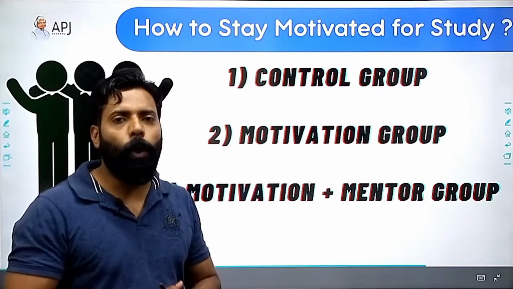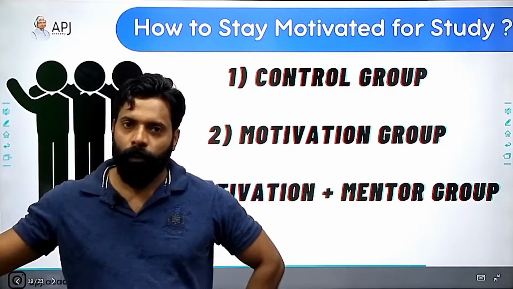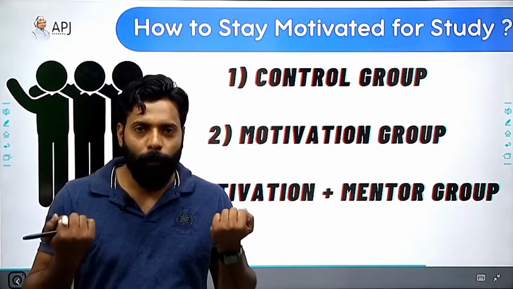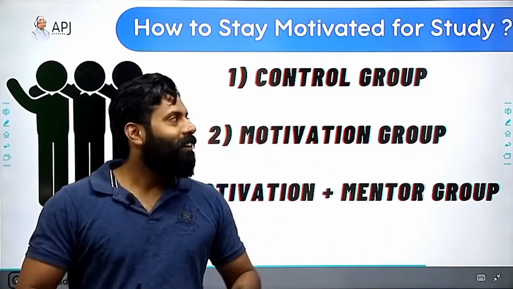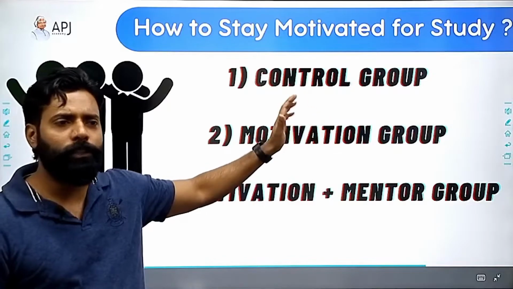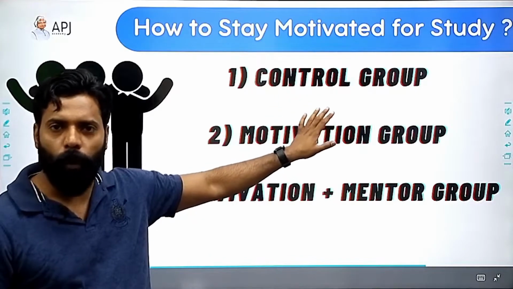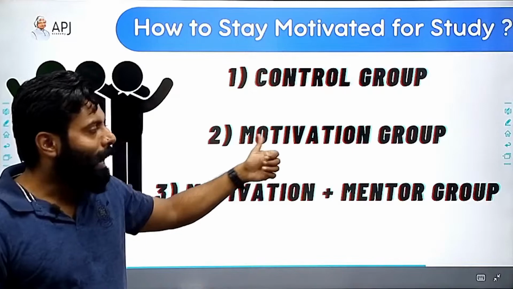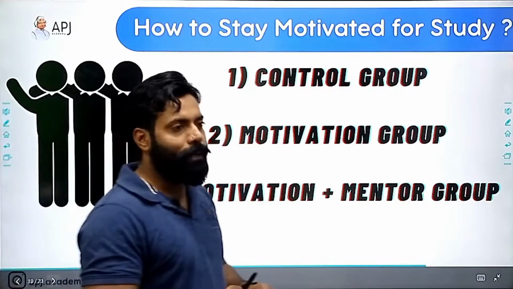Imagine that this is all about gymming. They need to go to the gym to maintain their body, right? So the first group is the control group, which is only being advised that you have to do these things.